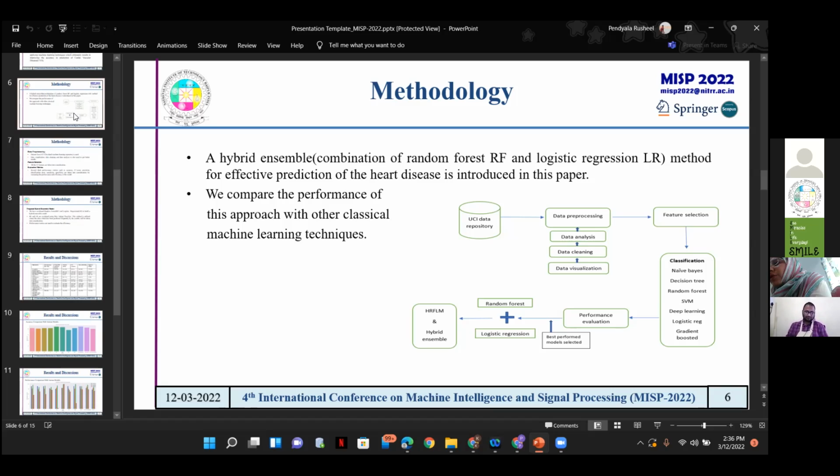In data visualization, because you already had the features, feature extraction was not performed by you, is that right? In data visualization, we just did it in order to know the number of attributes and the number of features in it. How did you do that? What kind of data visualization techniques did you use?